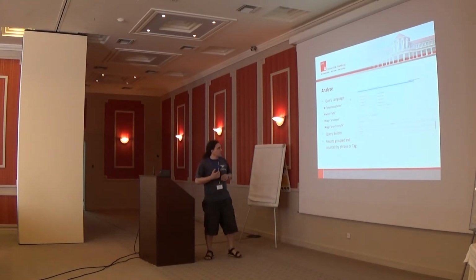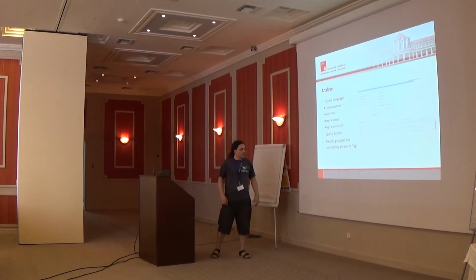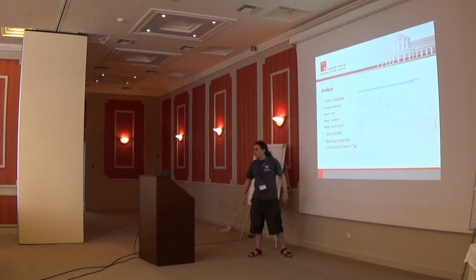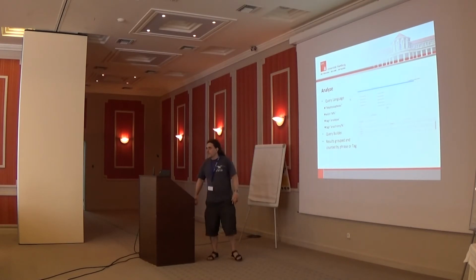The results from the query get first grouped by phrase or by tag. What are the results? The results are occurrences of either matches for a wildcard query or occurrences that had been annotated, and not the documents themselves. No, that's also a difference.